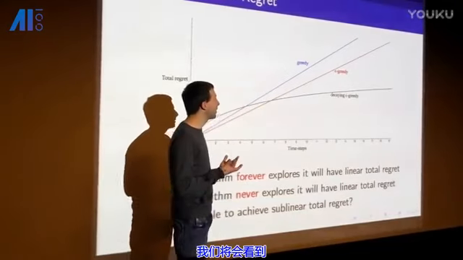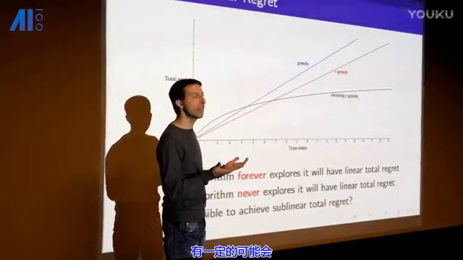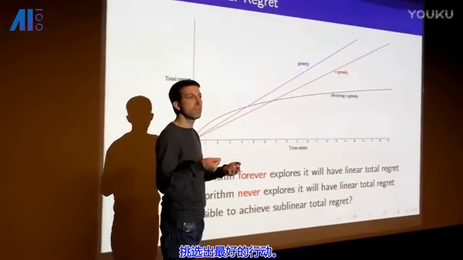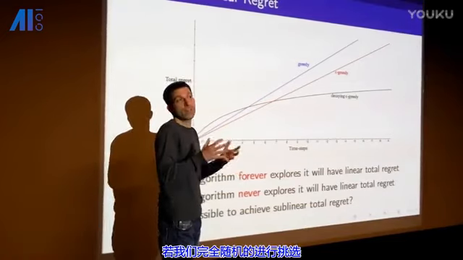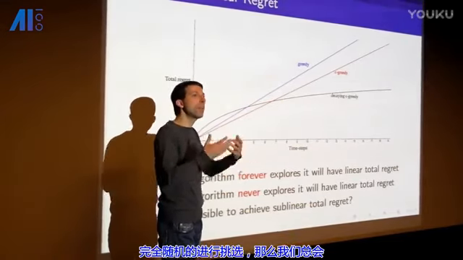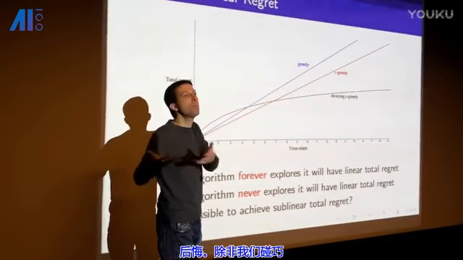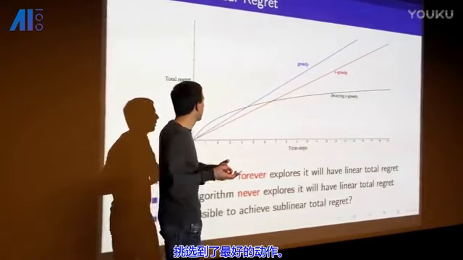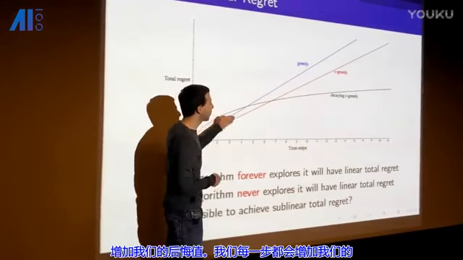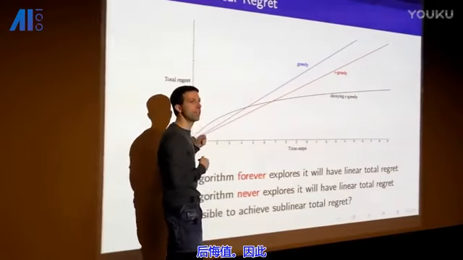Well, at every single step in expectation, there's some probability that we'll pick the best action, but there's also some fixed probability that we'll pick completely at random. And if we pick completely at random, that's always going to incur some regret unless we stumble accidentally upon the best action. So if we keep picking randomly, we're adding on a constant amount of regret every step in expectation.